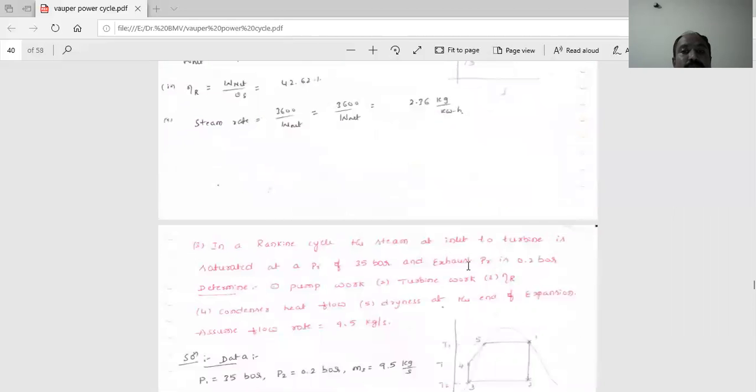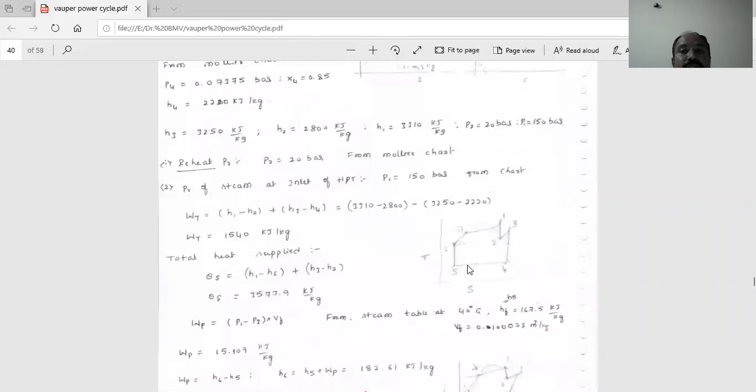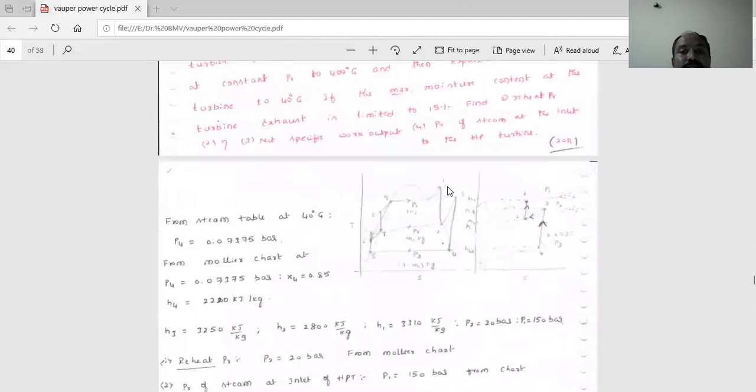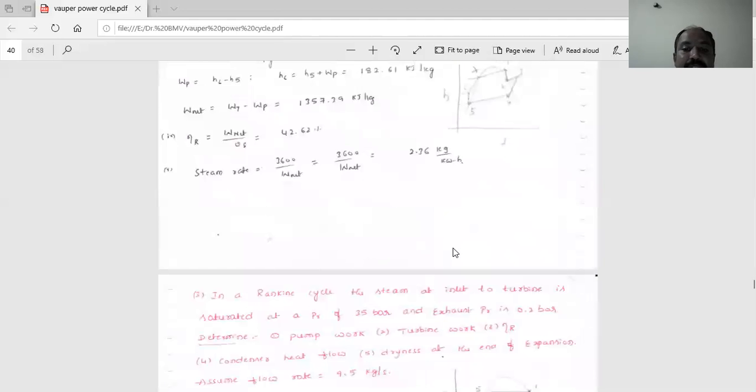Okay, this is all about the problem on dry saturated vapor at superheated steam, expanded to the saturated vapor. Like that we have to draw the TS and HS diagram.